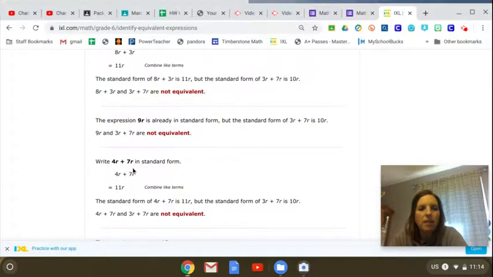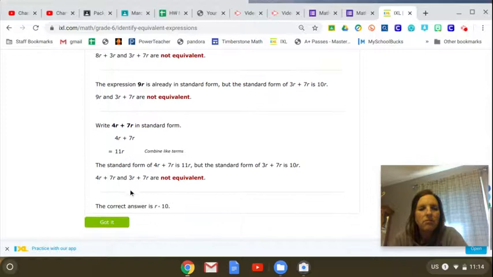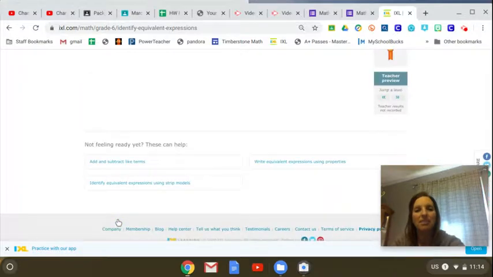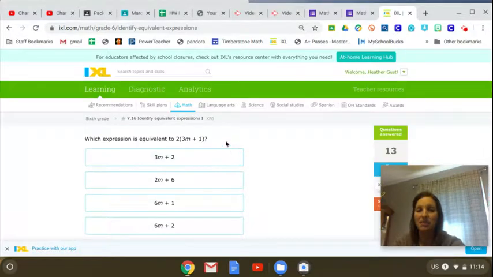And 4r plus 7r is 11r. But r times 10 would be 10r, the same answer as what I was getting. Okay, got it. Boy, that got a little tricky.